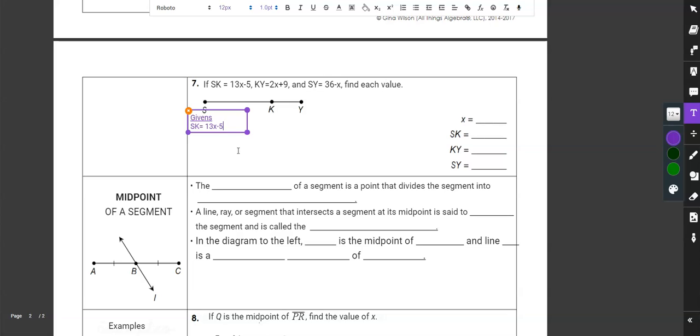So SK is 13x minus 5, KY is going to be 2x plus 9, and SY is going to be 36 minus x. Then we put in our equation: SK plus KY is going to be equal to SY.